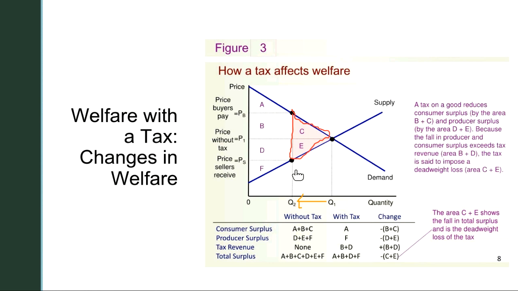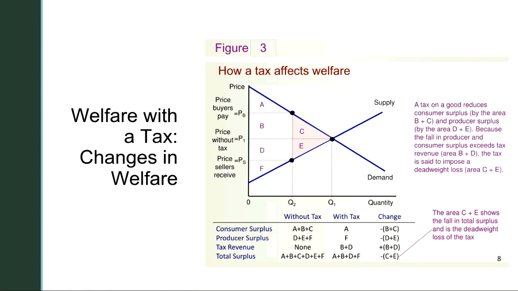Now, what is our tax revenue? That actually is an intriguing question, because our tax revenue is simply the area of our tax times the quantity sold. So remember what we said in this example was there was a $50 tax on all the consoles. And so for every console sold, the government would receive $50 of revenue.